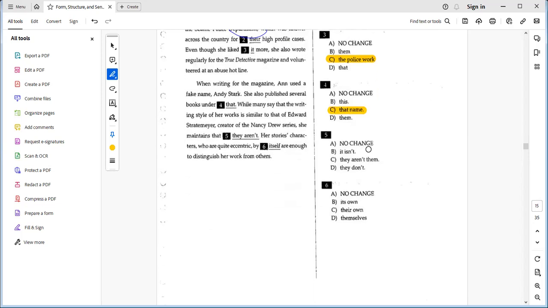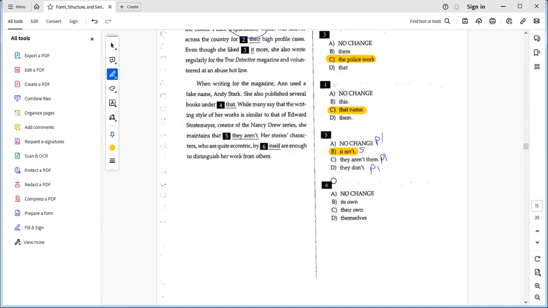Number 5. Let's look at elimination. They are plural. It isn't singular. Here elimination is going to work, guys. They aren't plural. They don't plural. The answer in front of me is going to be it isn't.